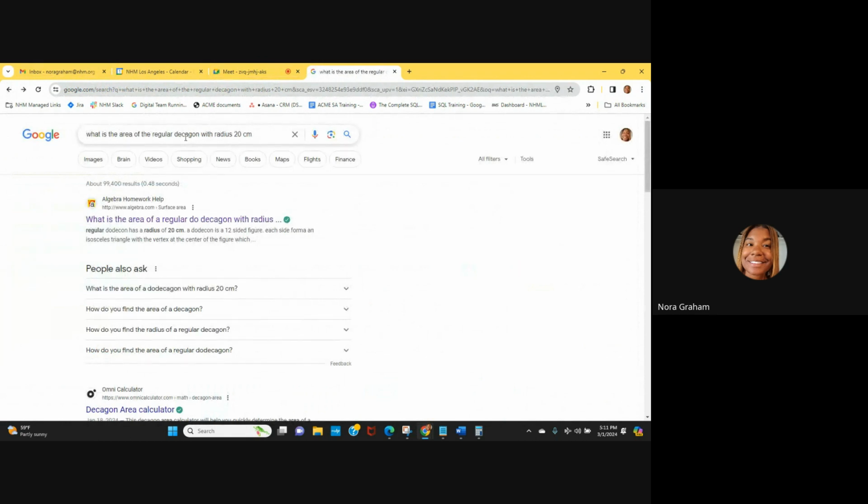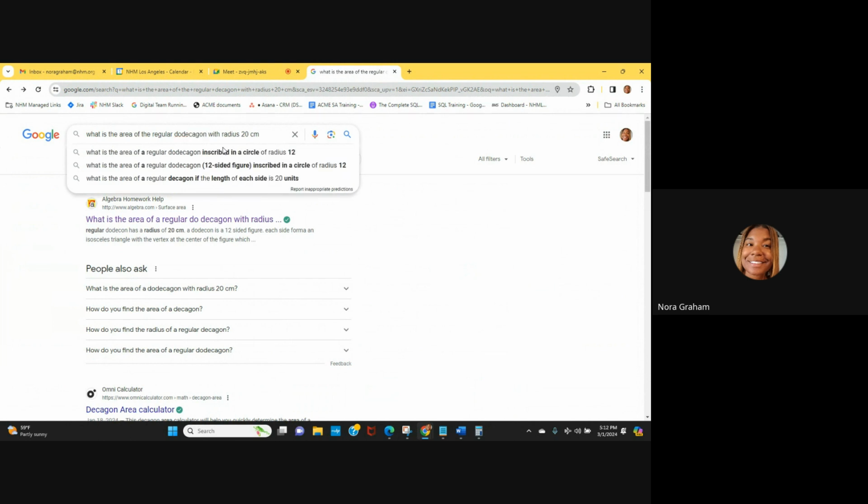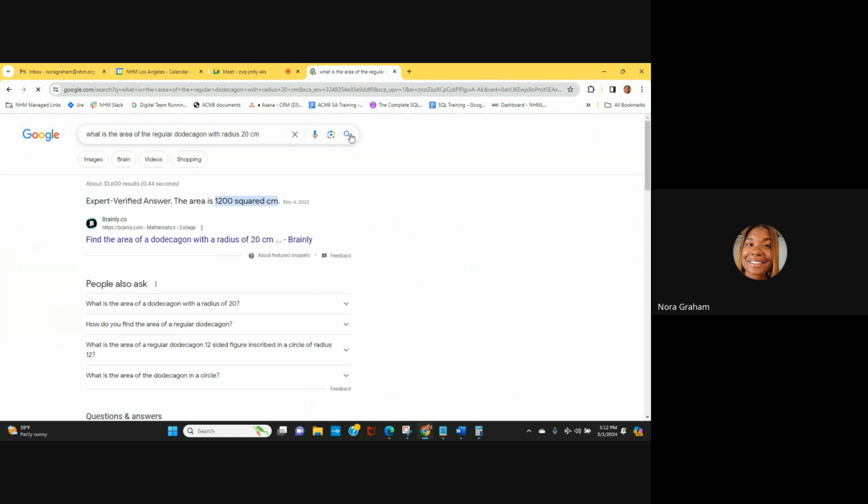What's the area of a regular decagon? Let me make sure I spelled that right. Decagon. There we go. Okay, so the area is 1,200 square cm. So that is correct, guys. And we're doing good, right?